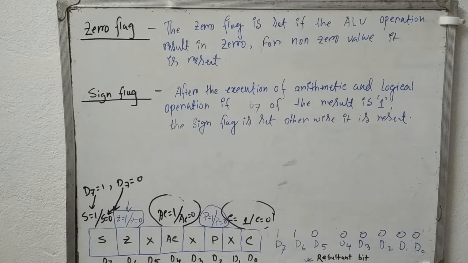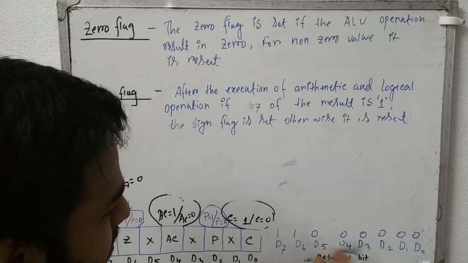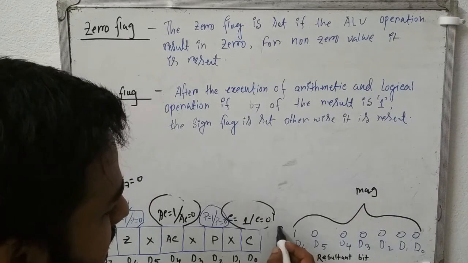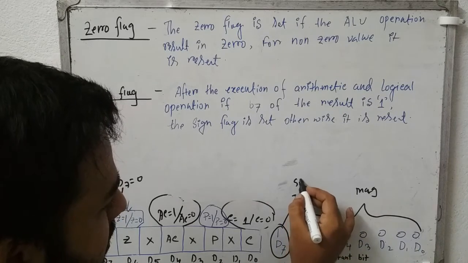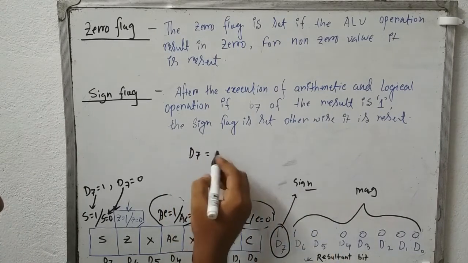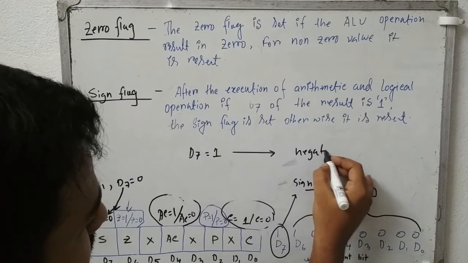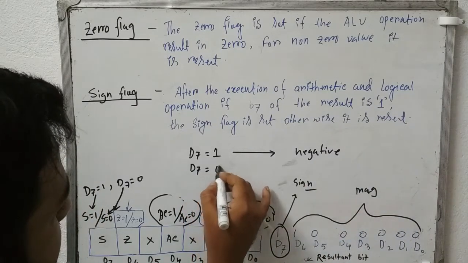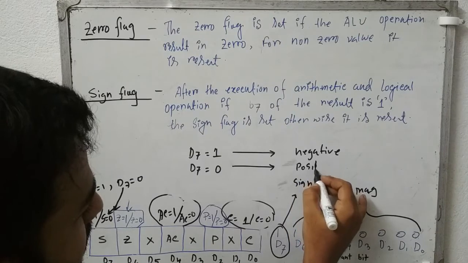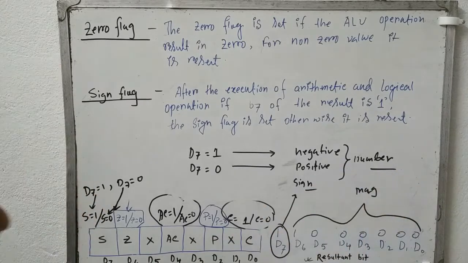So basically, what is the significance of this D7 bit? In this 8-bit number, the first 7 bits represent the magnitude of the number, and the 8th bit, the D7 bit, represents the sign of the number. If the D7 bit of a resultant number is 1, that defines a negative number, and if the D7 bit is 0, that defines a positive number.